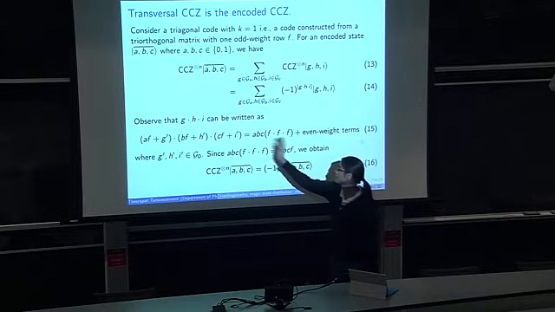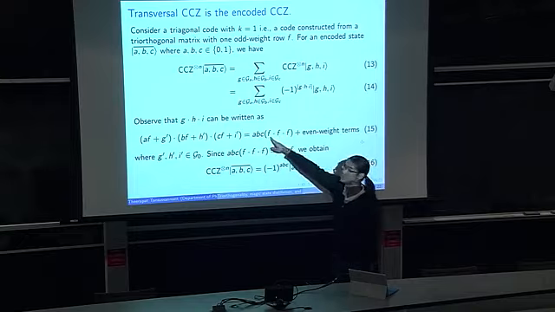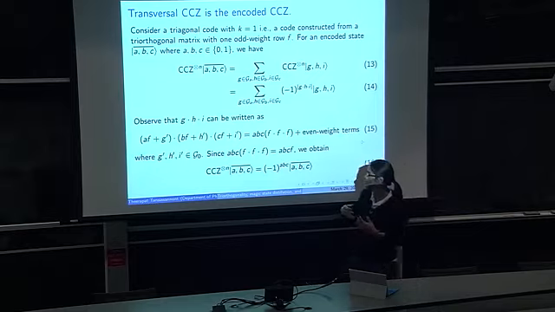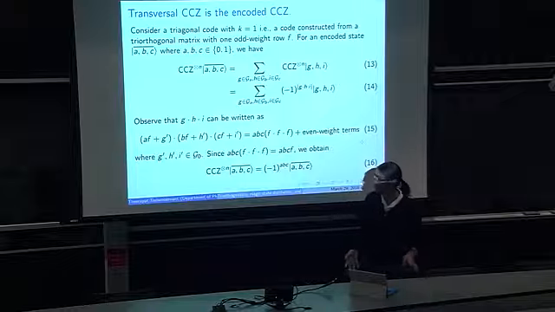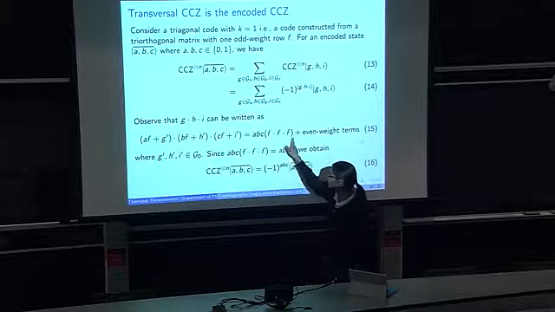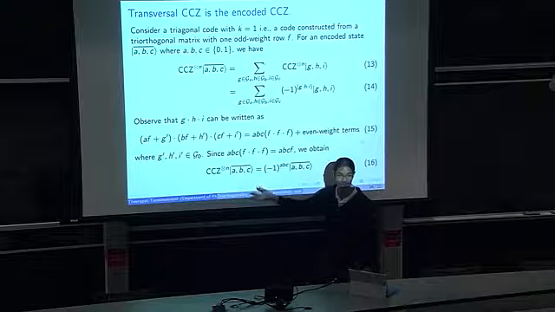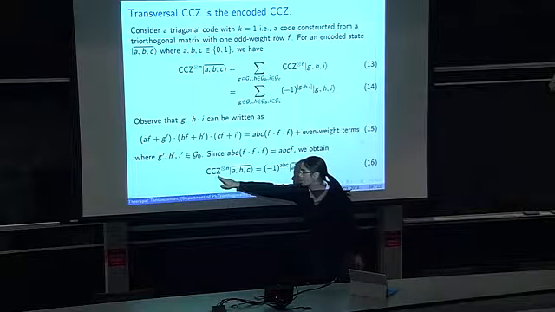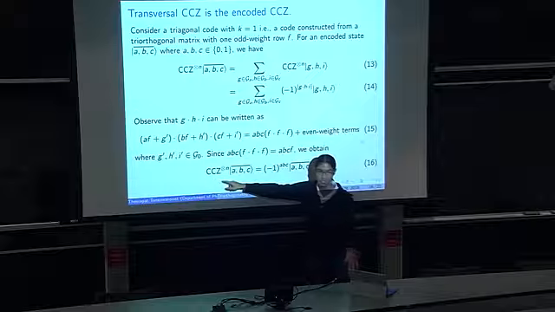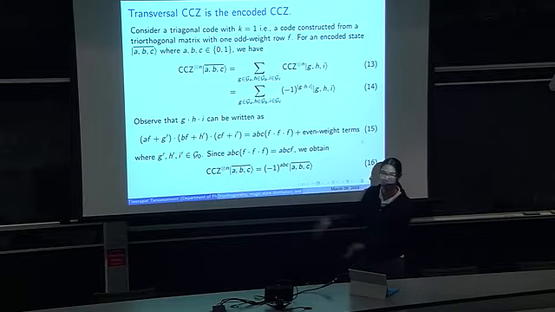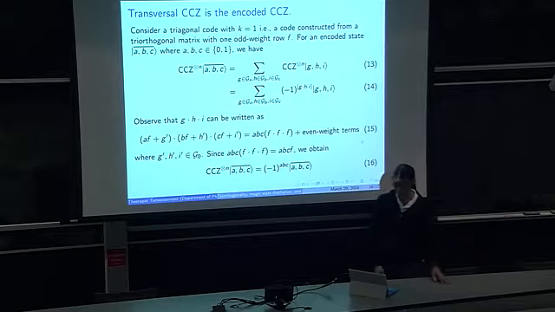And when we multiply together, we will get the first term with 3f here, and the other terms are all even weight terms. Since the code is triorthogonal, the even weight terms will give 0, and this term f dot f dot f is actually f, and is an even weight row. So at the end, we will find that by applying controlled Z transversally, we will get a -1 to the ABC here, which is the operation of the controlled Z.